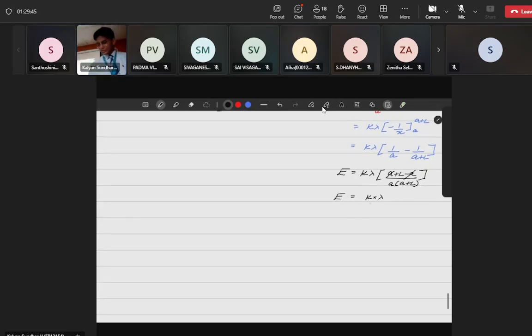So this will be k lambda L by a into a plus L. And when you write the final expression, you write it in terms of the charges.